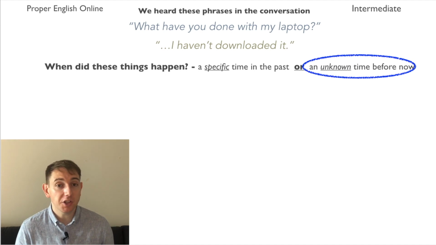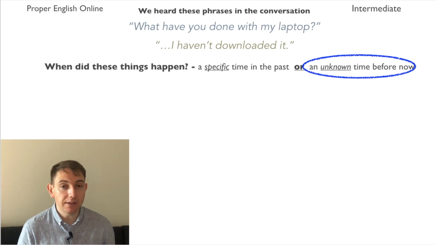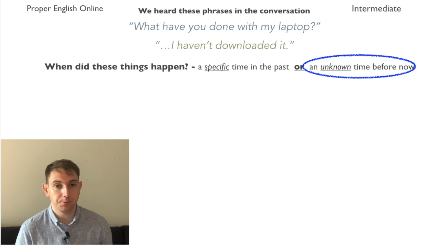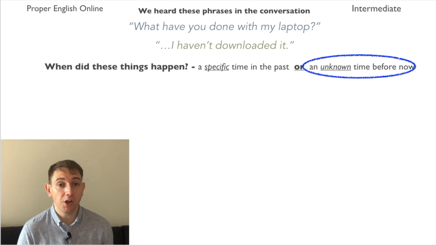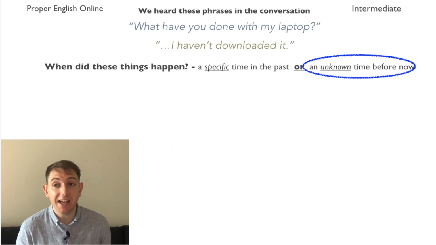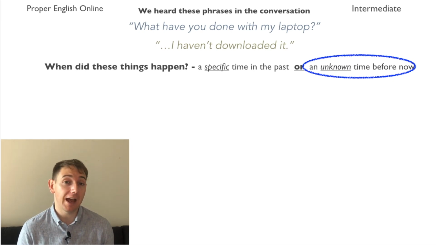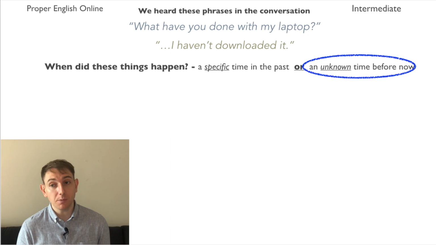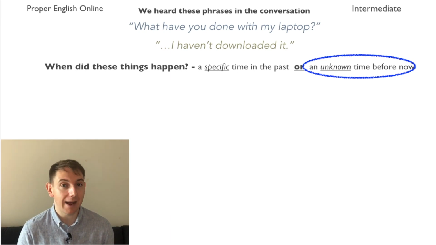They're both using the present perfect simple. And we use that to talk about an action in the past, but we don't say when it happened. We just say it's some unknown or unspecified time before now. We don't know when it happened. We don't care when it happened. We're just talking about some time before now.